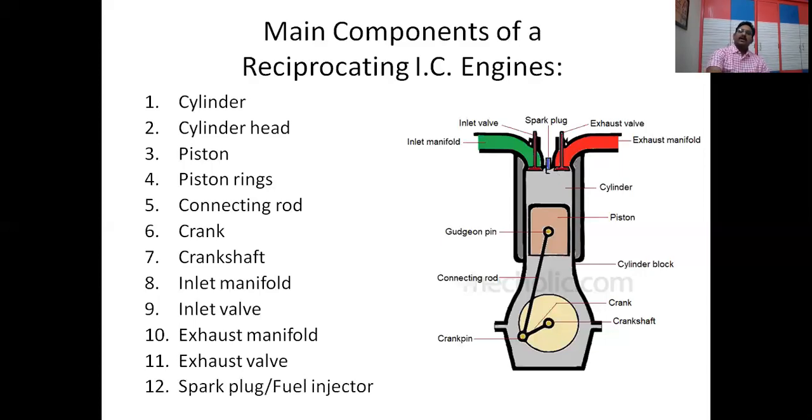Here it is shown as a spark plug, in the case of petrol engines or SI engines, spark ignition engines, you have a spark plug here. Otherwise, if it is a diesel engine, you will have a fuel injector. So based on that, it will be there. So these are the main components of a reciprocating engine.